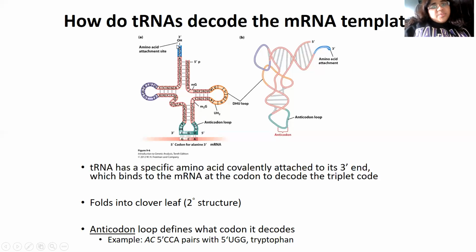We'll talk more about this when we get to the genetic code part of this session. Essentially it just matches what is happening here, okay? So in this case, you have GCA matching with CGU, which is for the amino acid alanine, right?